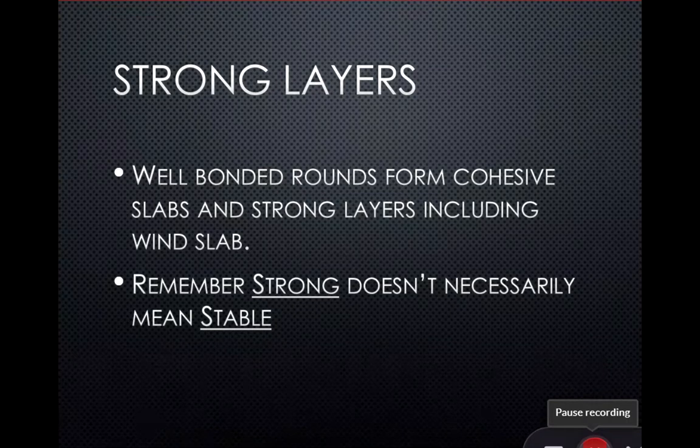It's really important to not confuse the term strong with stable. Strong means that there's a cohesive slab that could slide as a unit. Stable means that the snowpack in general is bonded all together, even if there's differentiated layers, that they're stably bonded together. So if you have a strong layer sitting on top of a weak layer, that's actually a setup for a slab avalanche potentially.